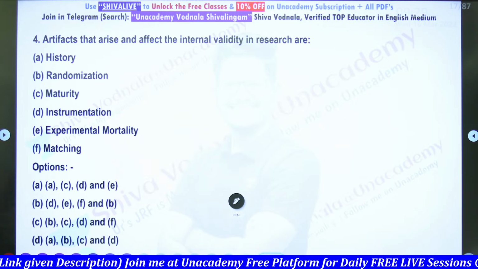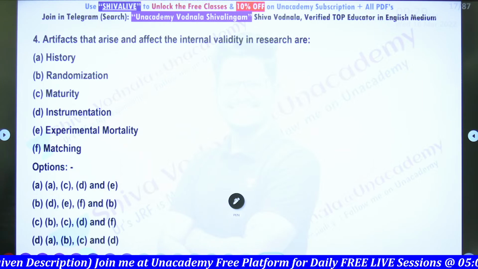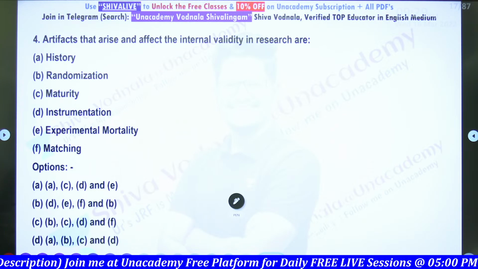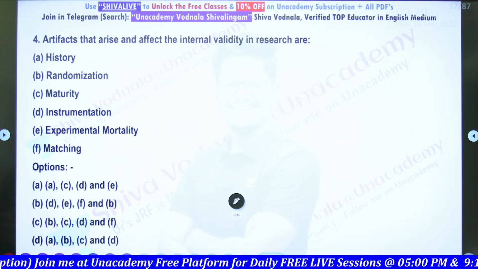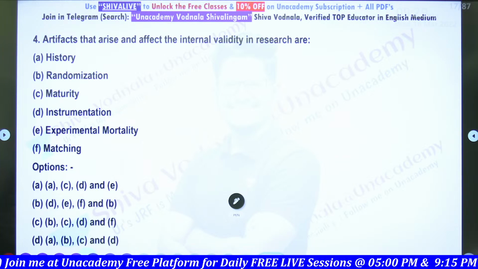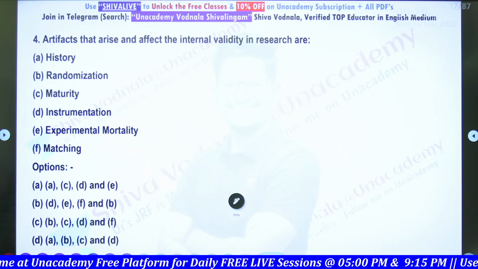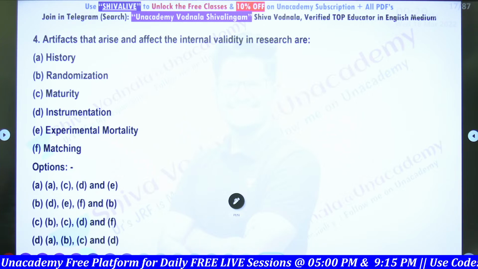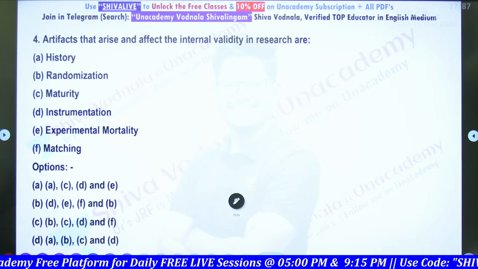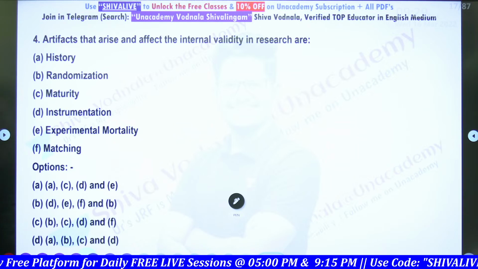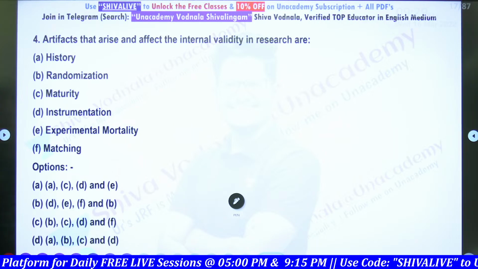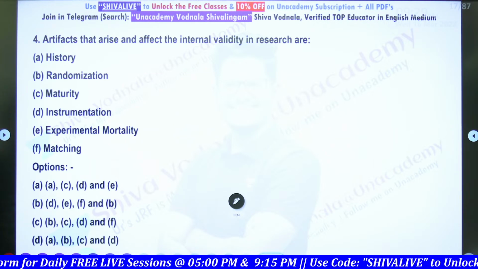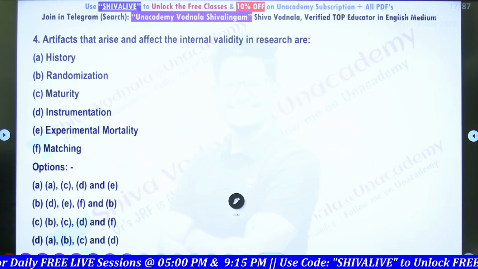Next, artifacts that arise and affect the internal validity in a research are: history, randomization, maturity, instrumentation, experimental mortality, matching.